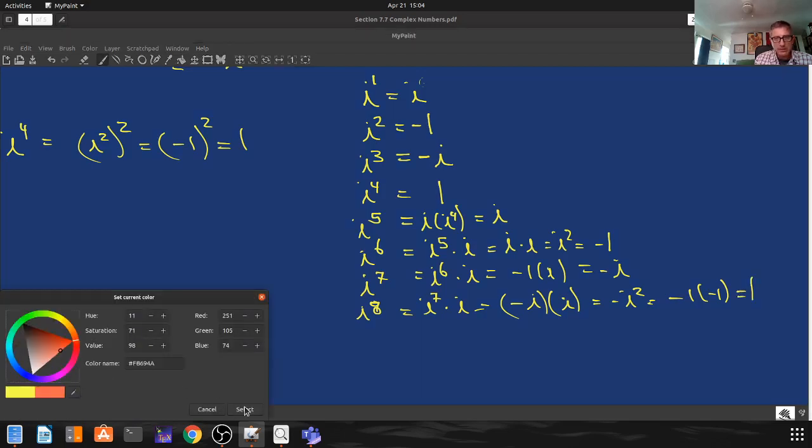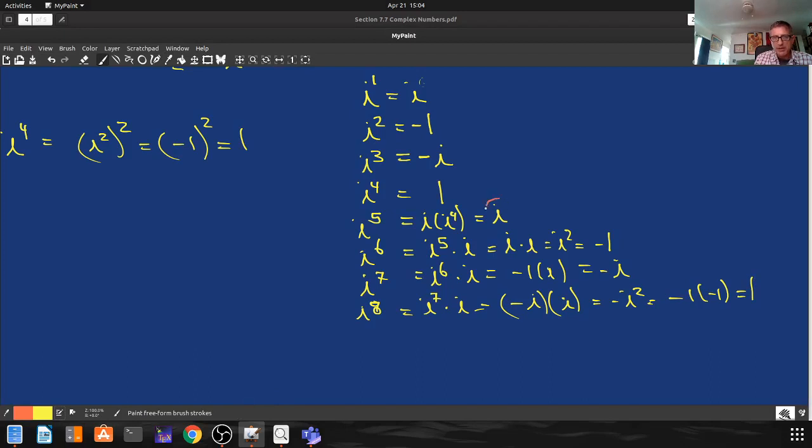So let's look at the pattern. I to the fifth is I, I to the sixth is equal to minus 1, I to the seventh is equal to minus I, and I to the eighth is equal to 1. So I have I, minus 1, minus I, 1, I, minus 1, minus I, 1, and indeed that pattern is going to repeat.